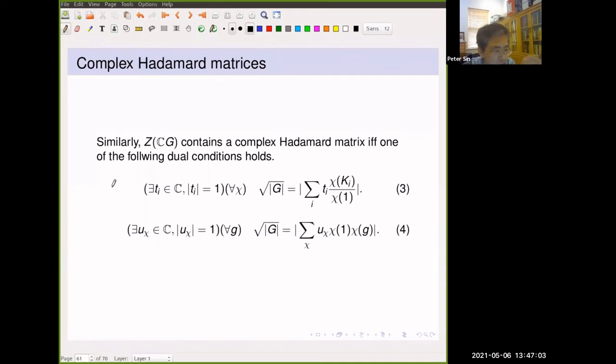So these conditions are for finding complex Hadamard matrices in the Bose-Mesner algebra, or in this case, the center of the group algebra.